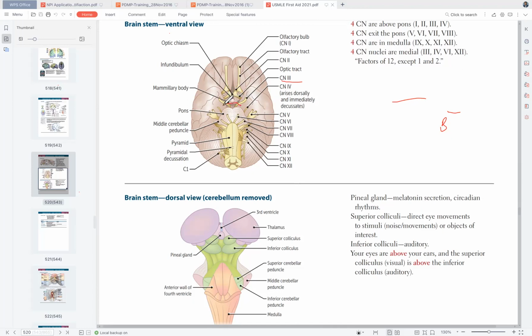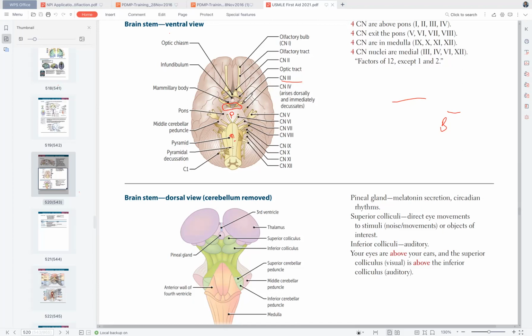We don't see it directly, but it is sitting above the pons, because you move from the midbrain to the pons, then to the medulla. This is the pons. I'm seeing 3 and I'm seeing 4. 3 is very clear.